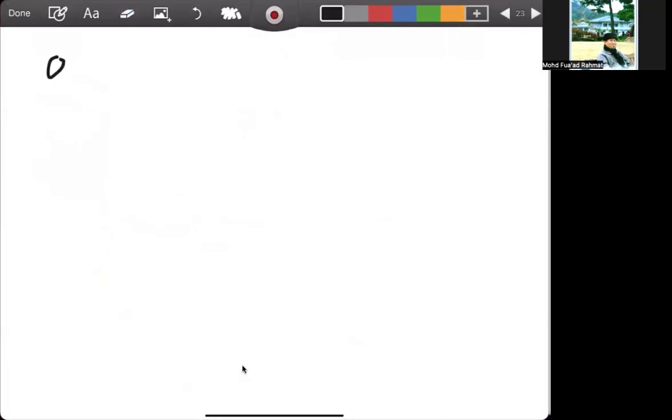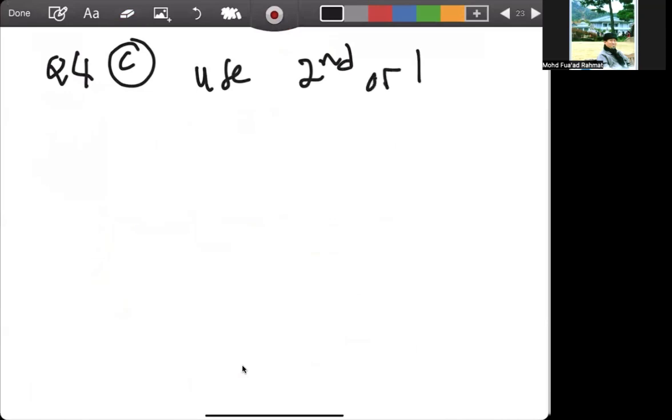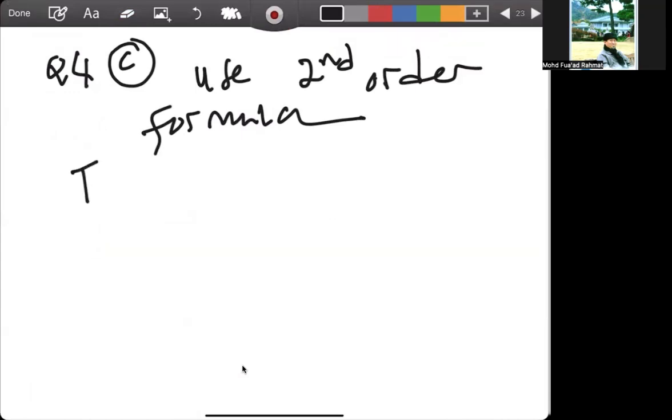So this is Q4 part C. So use the second order formula. Okay. Where Ts is equal to 4 divided by zeta omega n.